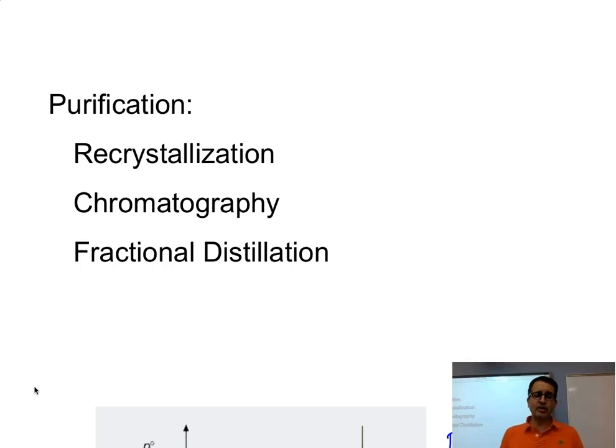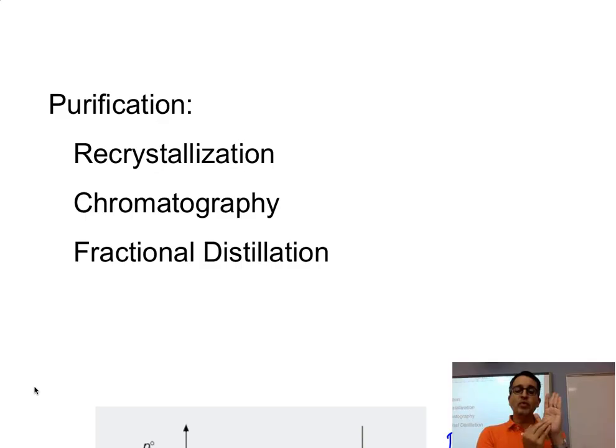A second method that you can use is chromatography. You're going to have some type of stationary phase, something like a silica gel or a paper, and you're going to put your substance onto it. It could be a column as well, and you're going to pass a solvent.